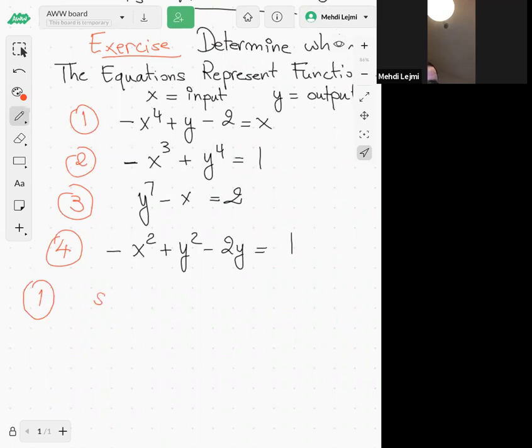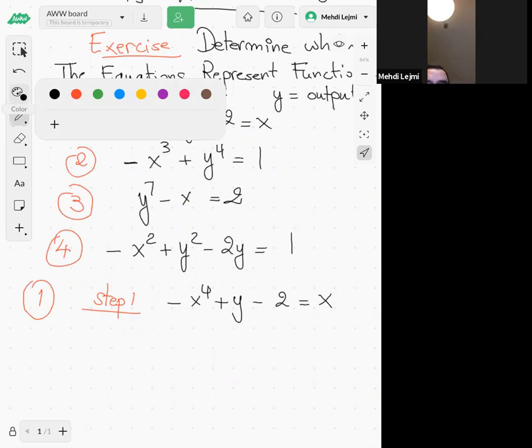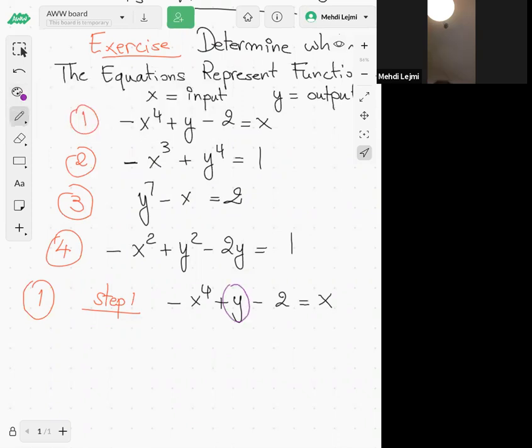So first step. Here's my equation: minus x to the power 4 plus y minus 2 equals 2x. As I said, we need to solve for y, which means I'm gonna keep this y on the left side and get rid of everything else on the left side.